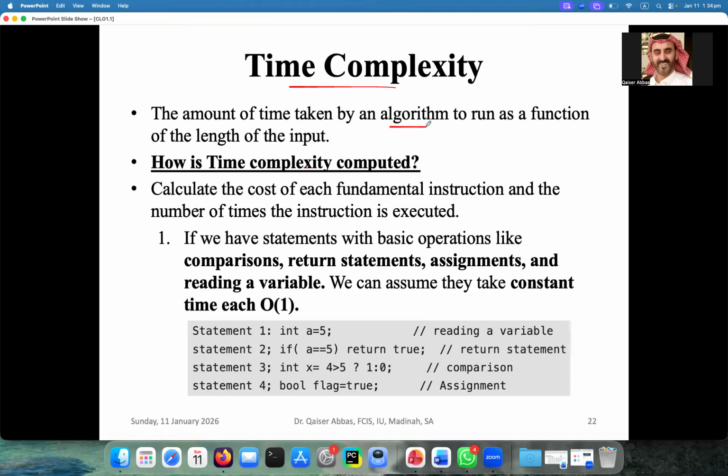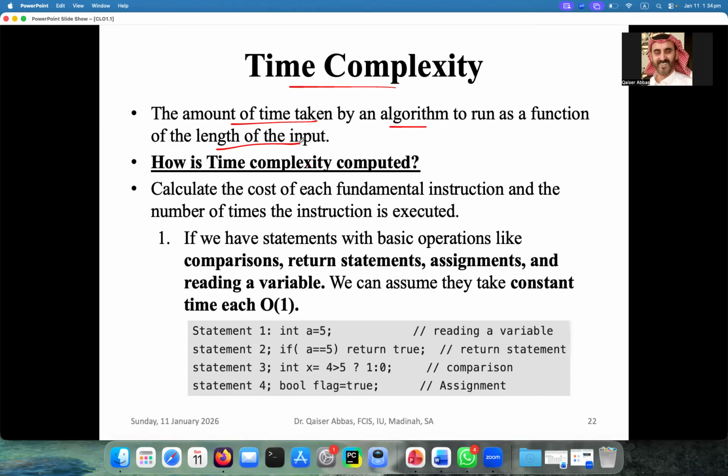What amount of time our algorithm will take is called the time complexity. What is time complexity? The amount of time taken by the algorithm on a given length of input.